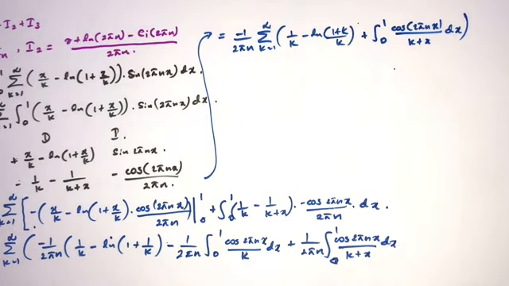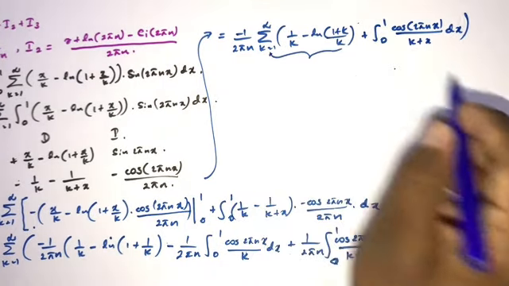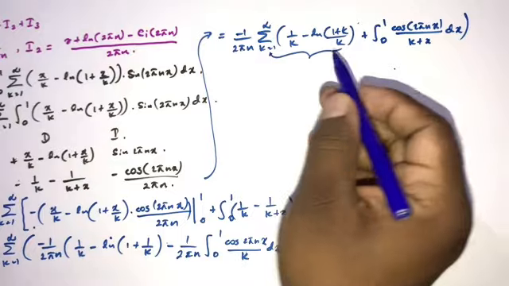Okay, then we know this is the definition of Euler's Mascheroni constant.